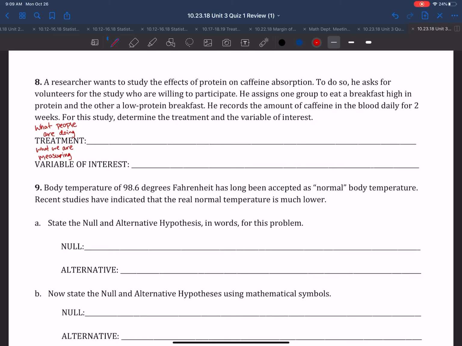So what are people doing during the experiment? Well, some people are eating a high-protein breakfast, and some people are eating a low-protein breakfast. So the amount of protein eaten at breakfast is what's changing. Some people are eating high protein, some are low. And then as the researcher, what are we measuring?